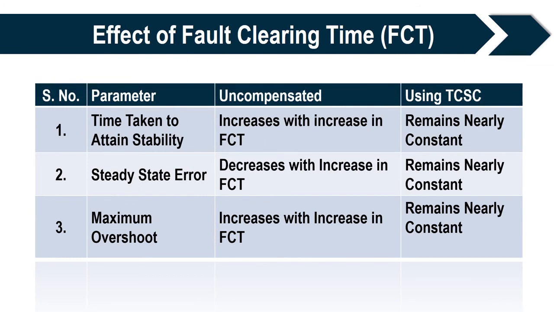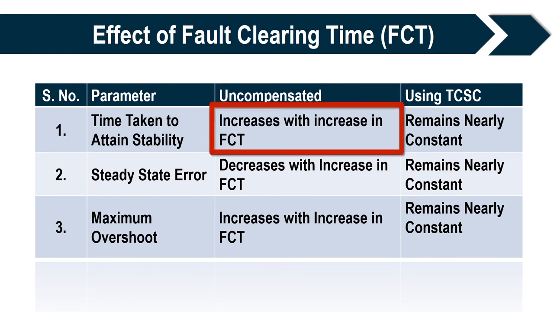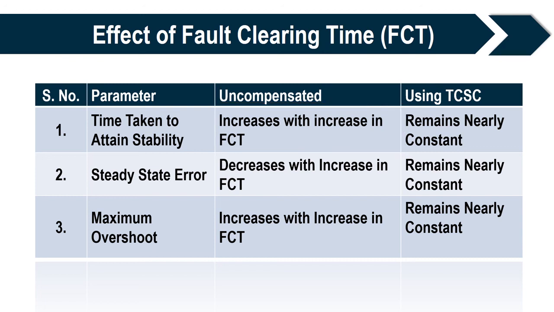These are the observations. We can say that the time taken to attain stability for an uncompensated system increases with the increase in the fault clearing time. However, for a compensated system using TCSC, it remained nearly the same.